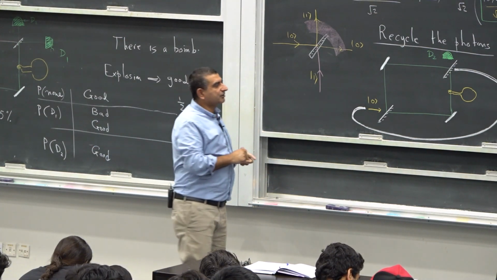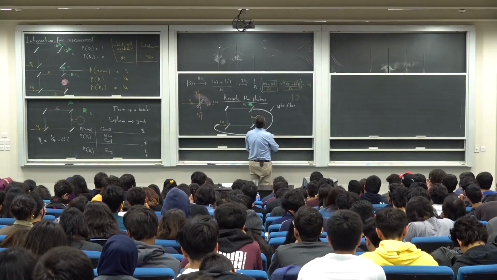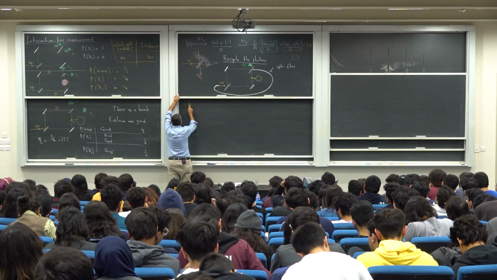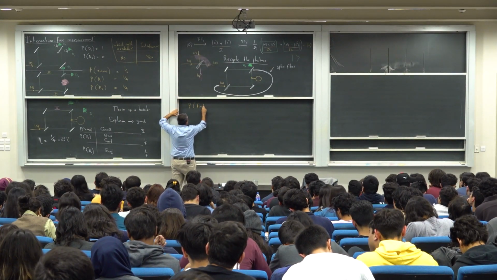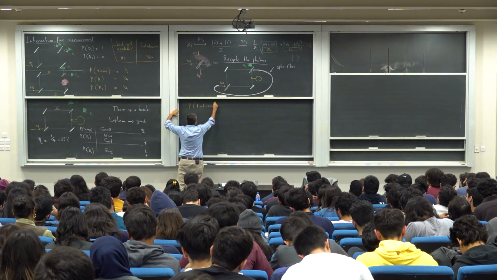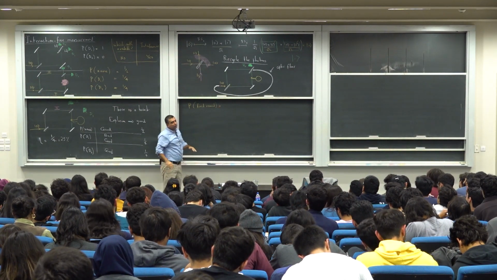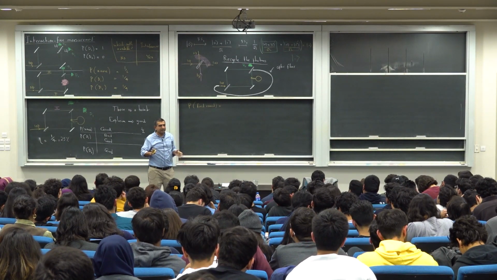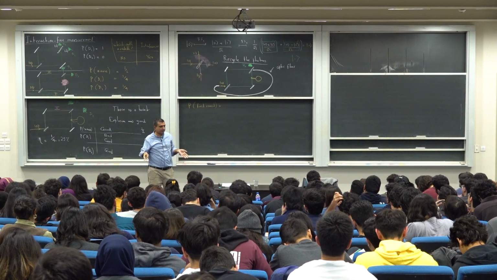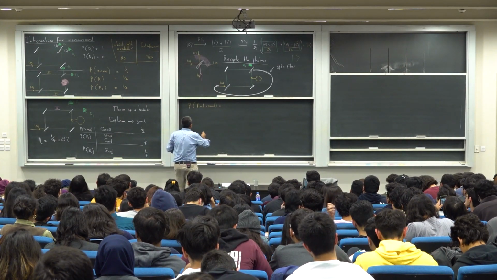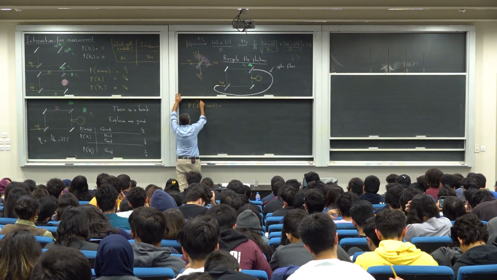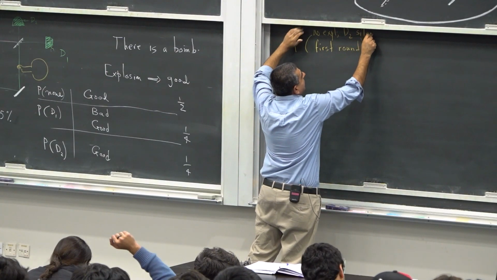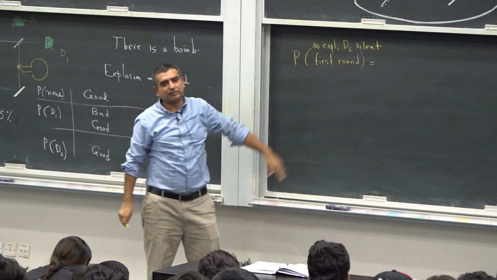So in the first round, the probability that neither the detector clicks nor the bomb explodes is 1/4. So this is no explosion and D2 is silent in the first round. Yes, please.